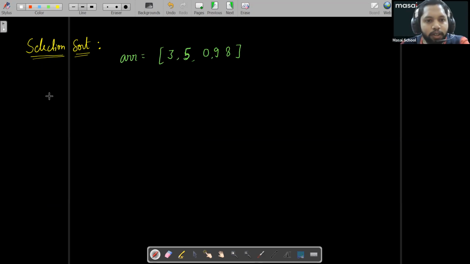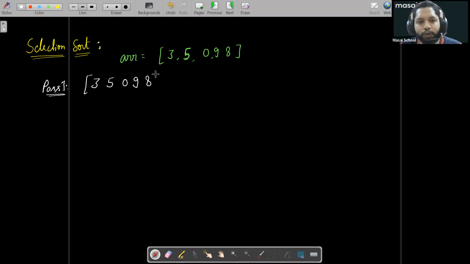In sorting we usually use the term passes, number of passes. So here I am taking pass 1. Here is the array 3, 5, 0, 9, 8. So what is the approach for doing selection sort?